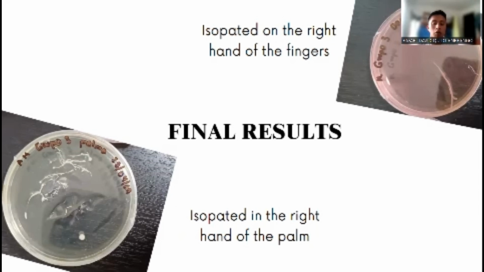But as I said, there could be two possible theories: maybe the person who helped us had washed their hands, or maybe the agar is damaged or fragile from the preparation in the laboratories.